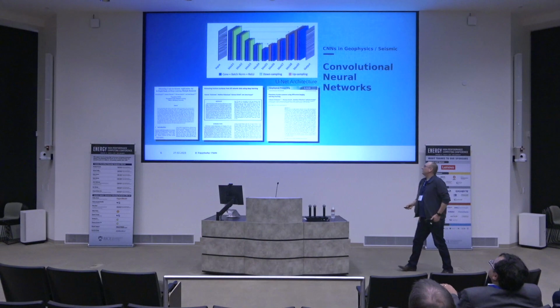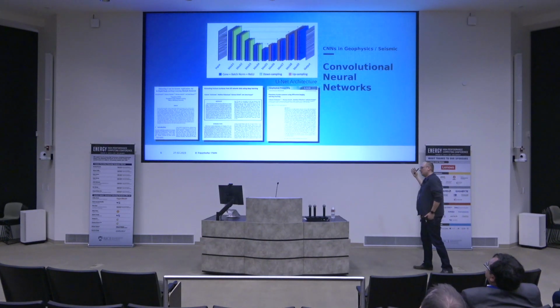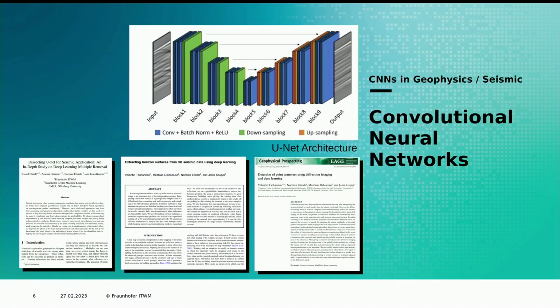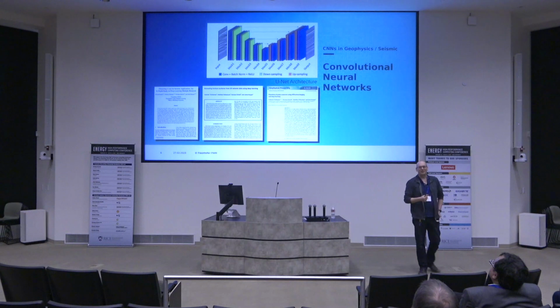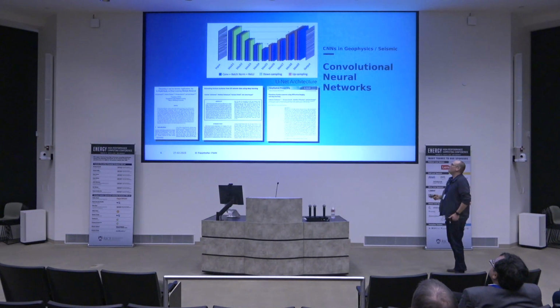If you look at the success in the past years, and just some of our own publications where we used CNNs, the most popular architecture in seismic applications actually is UNet. We've seen it today a few times, and if you go through literature, it's the very dominant architecture.